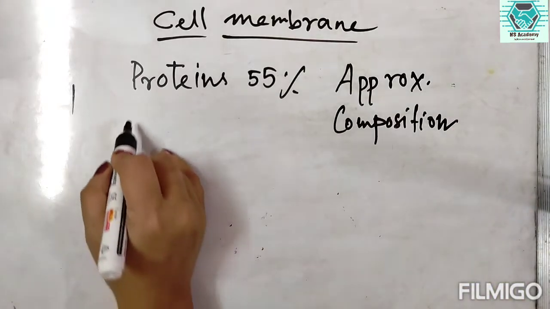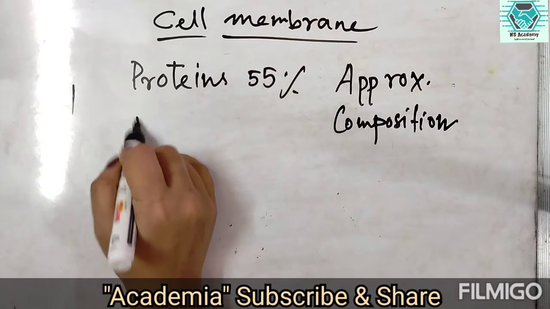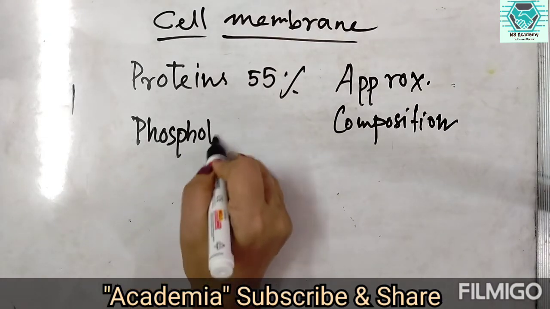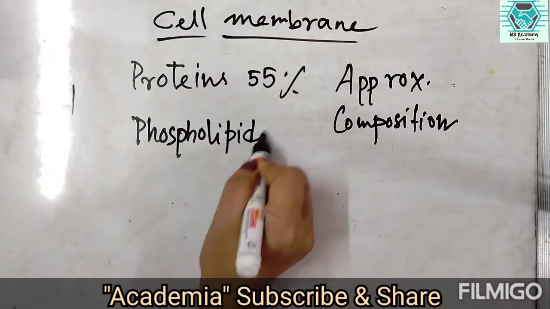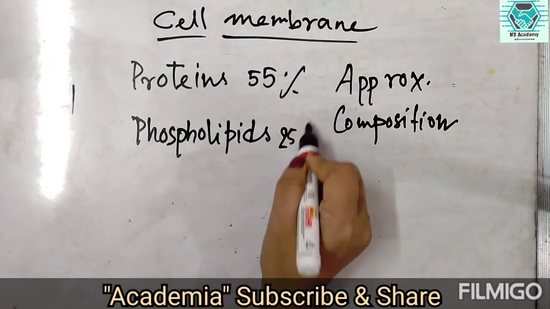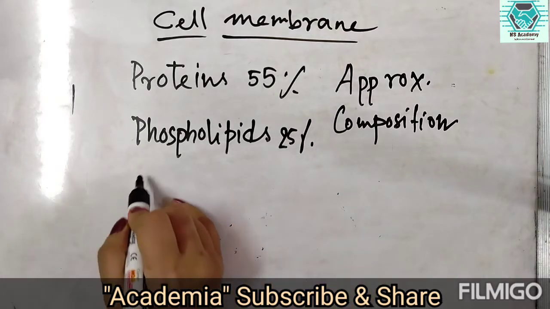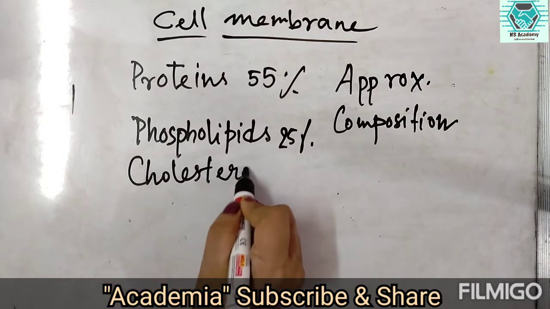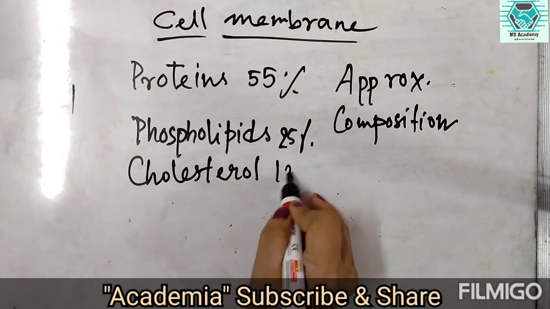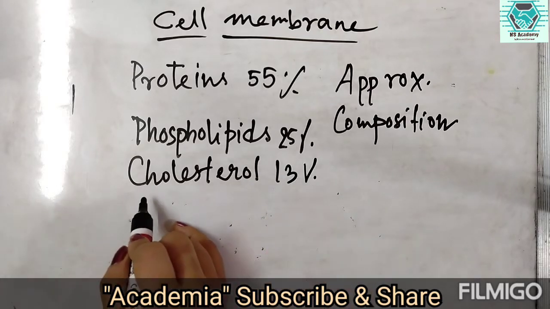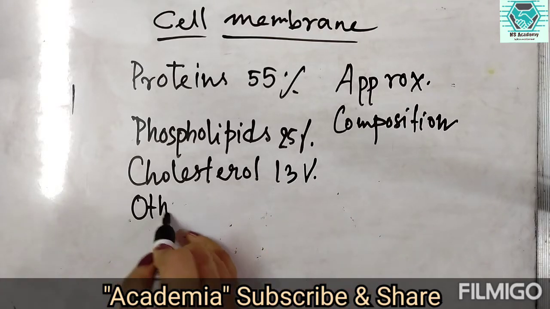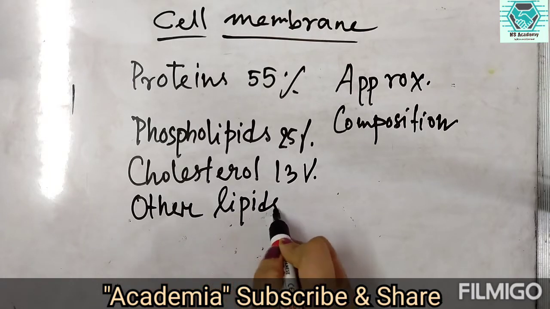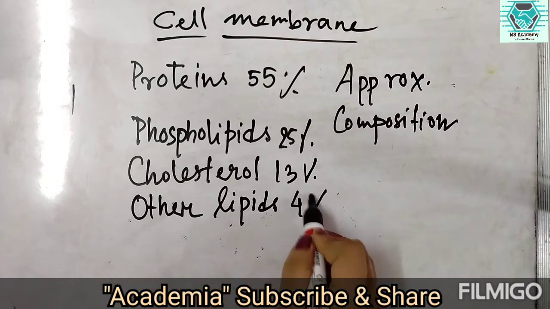The lipids include phospholipids, which are 25%, cholesterol 13%, and other lipids 4%.